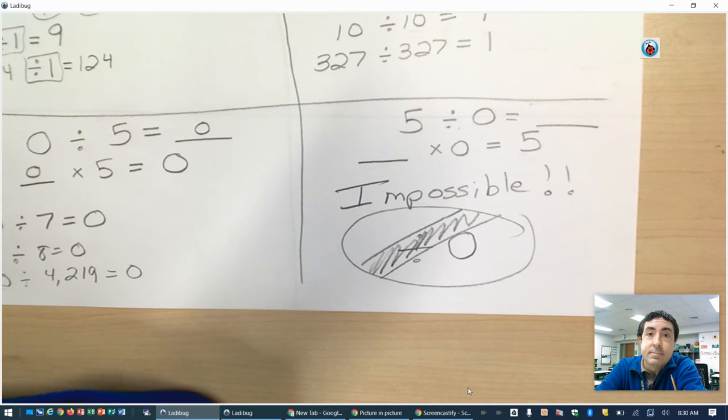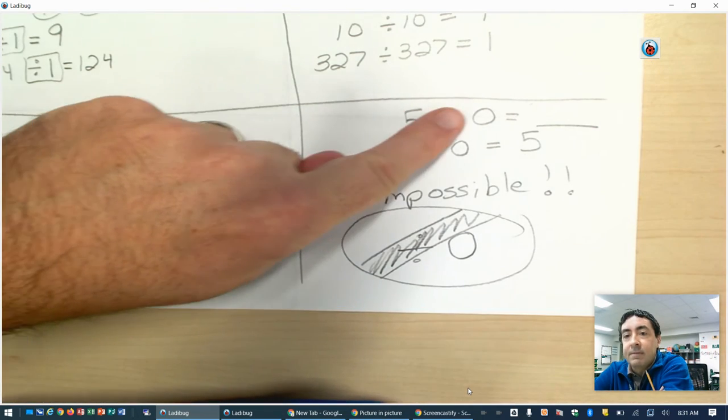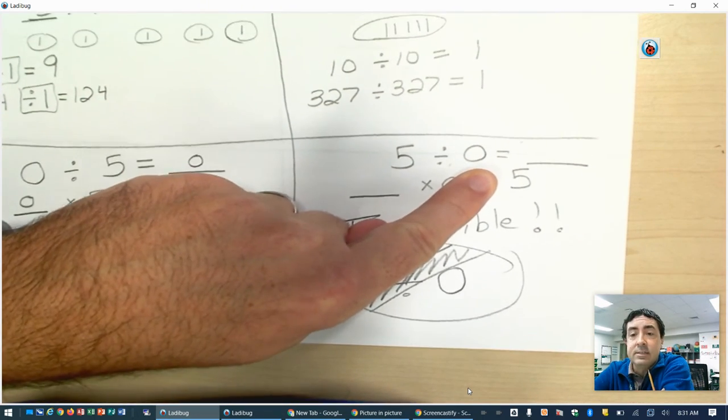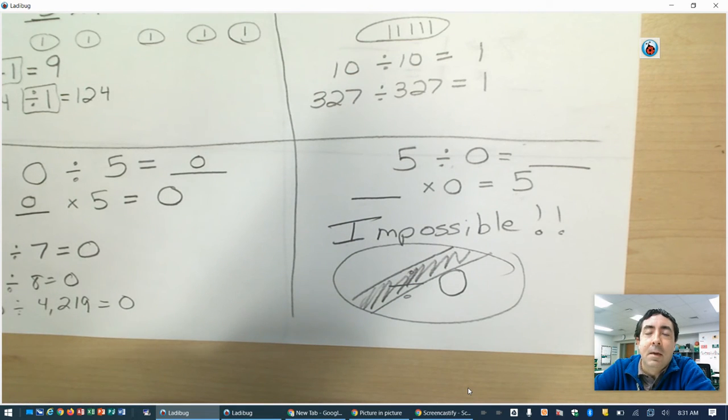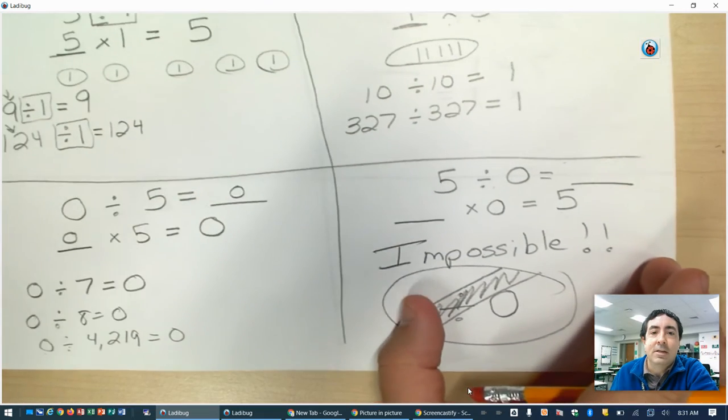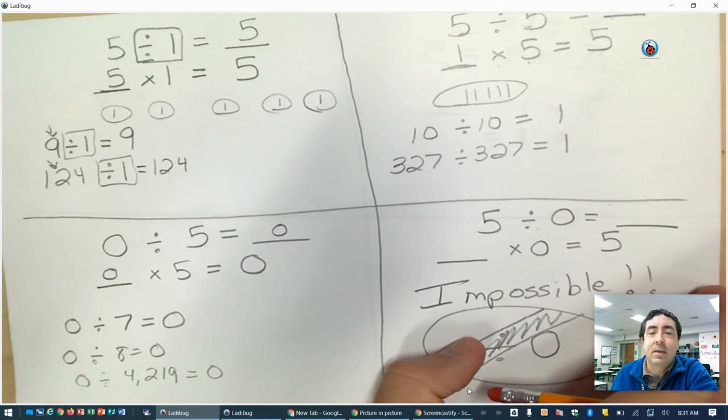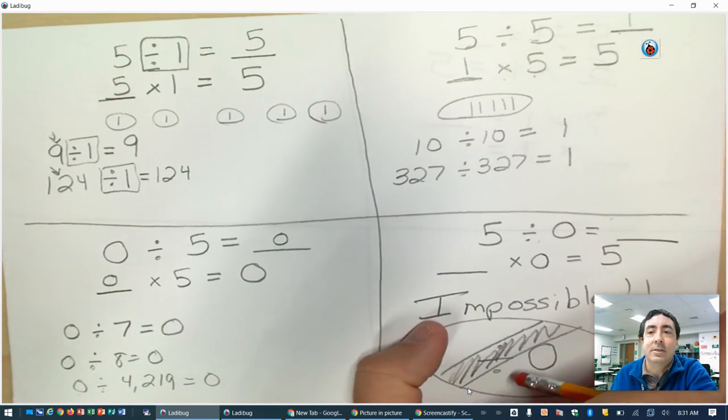It doesn't work. There's no number that I can put in there. Okay, so if you ever see something divided by a 0 and the 0 is second, you get to put the word impossible or I can't complete it or my third grade teacher told me you couldn't do that, right? And trust me, your other math teachers will tell you that too.